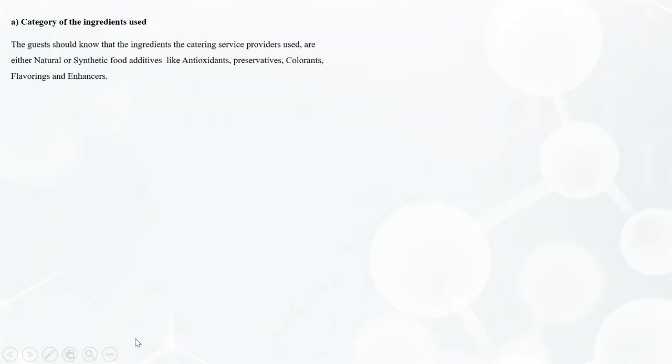Now, the first one is the category of ingredients used. And here is the answer: the guests should know that the ingredients the catering service providers used are either natural or synthetic food additives.